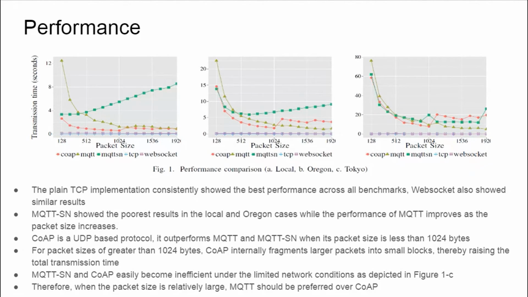For larger packet sizes, transmission time increases for CoAP, as can be seen from the graphs. This is due to the fragmentation of larger packets into smaller blocks. MQTT-SN and CoAP are not suited under limited network conditions. We can conclude that for larger packet sizes, MQTT is preferable over CoAP.